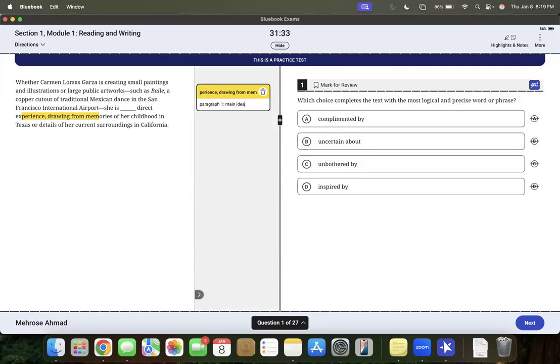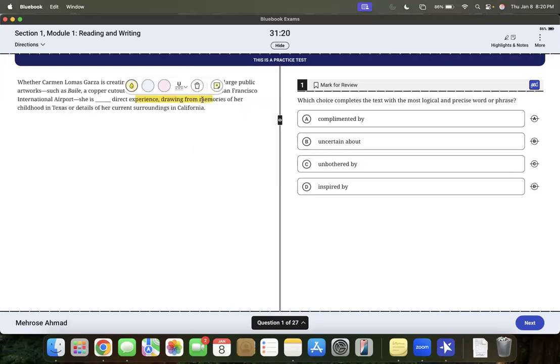So what is the main idea? Paragraph 2, main idea. Paragraph 3, main idea. Again, just do quick annotations to get a sense of what the passage is talking about. That will help guide your train of thought.